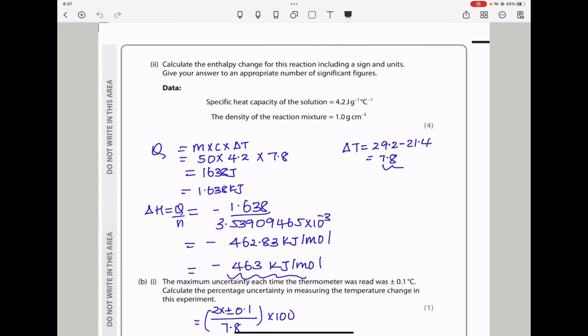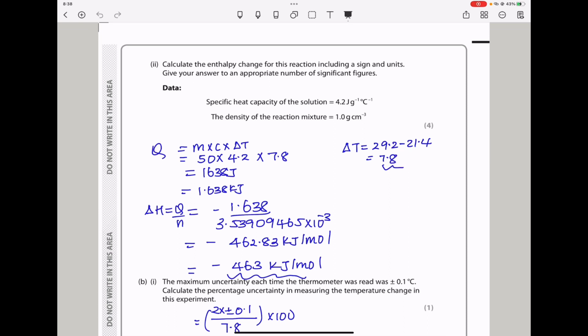Continuing on. Here they say, calculate the enthalpy change for this reaction, including a sign and units, and give your answer to an appropriate number of significant figures. Here they've given us the data. Specific heat capacity of the solution is 4.2, and the density of the reaction mixture is 1 gram per centimeter cubed. So before I calculated, I found the delta T, which is 29.2 minus 21.4, and I got 7.8 degrees Celsius.